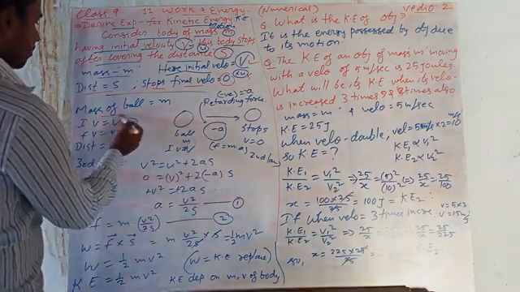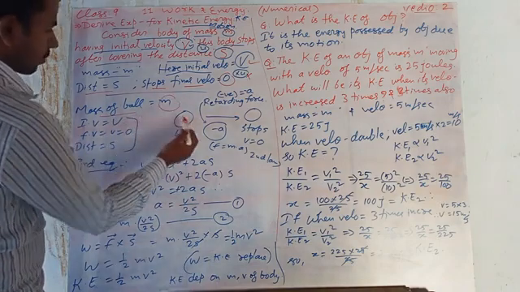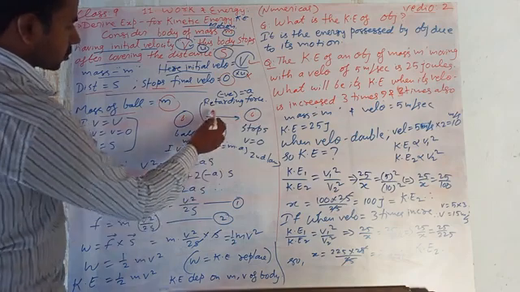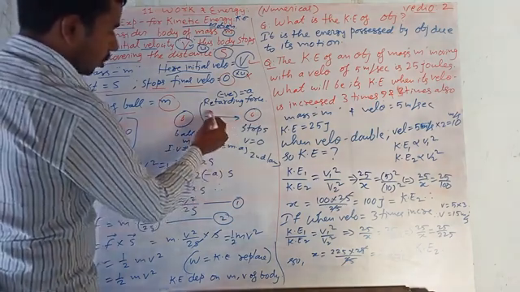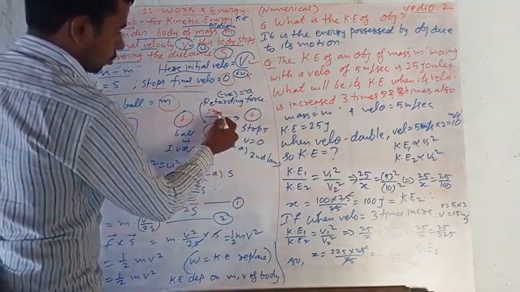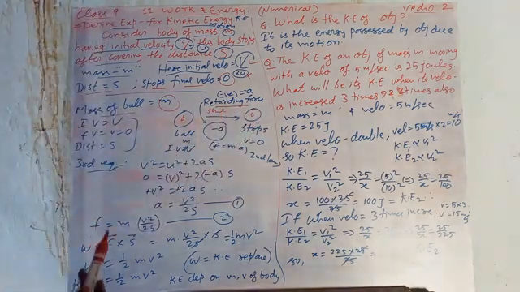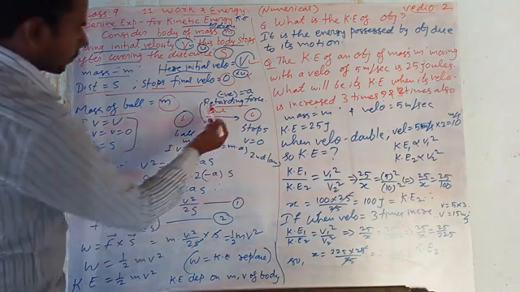So here, the mass of the ball is m. Take one ball going from here to there. While going, it is slowly stopping. This is called retarding force. Slowly stopping, that's why we call it retarding force.